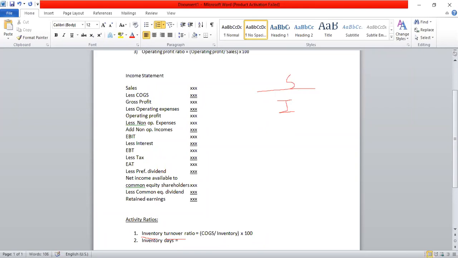In connection to inventory turnover ratio, we have inventory days, which is equal to 365 days, sometimes 360 days, divided by inventory turnover ratio.